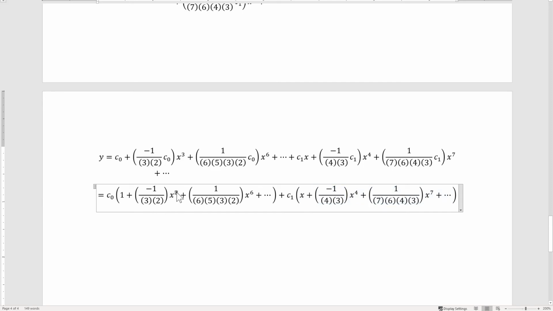Our first series goes from 0, 3, 6, and probably 9. The next series starts off with x to the 1st power, x to the 4th, x to the 7th. So it's probably going to be a 3n plus 1 kind of scenario, whatever pattern you might have found. Okay, so this is our second problem.